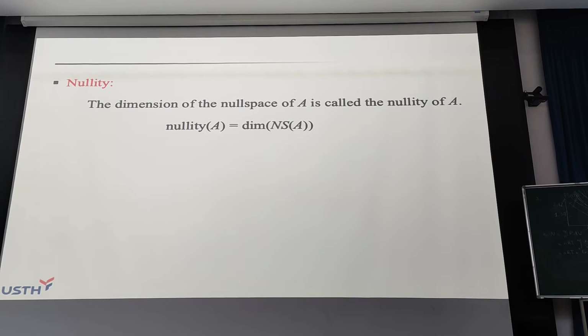The dimension of the null space has the name nullity. The nullity of A is the dimension of the null space of A. And that we know already: the rank of A transpose equals the rank of A, because the row space and the column space of any matrix always have the same dimension. So that is obvious.